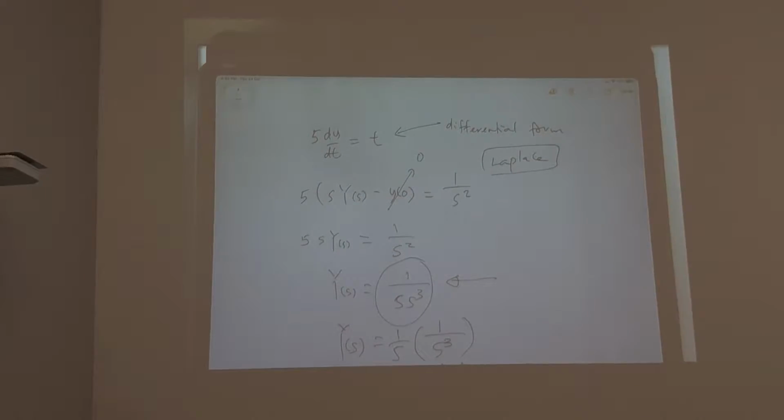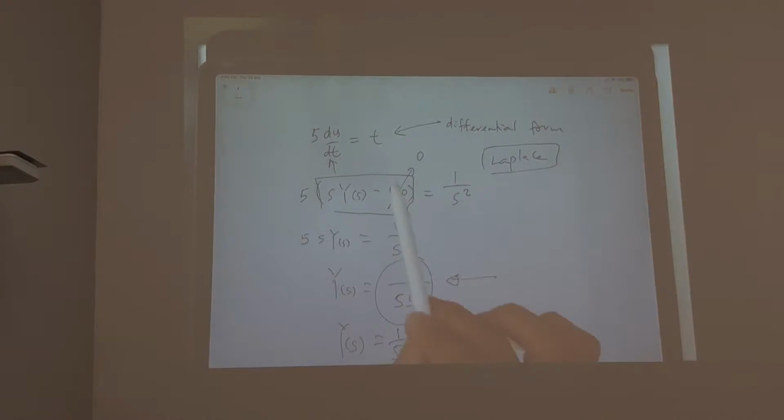So now if I have y, I have s times Y minus small y(0). This is what I have at this point. The entire thing comes from transforming dy/dt. And the second part of this one comes from t.